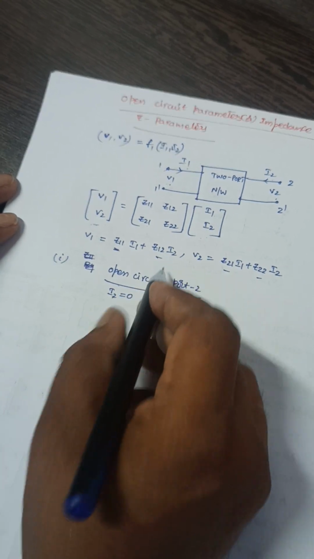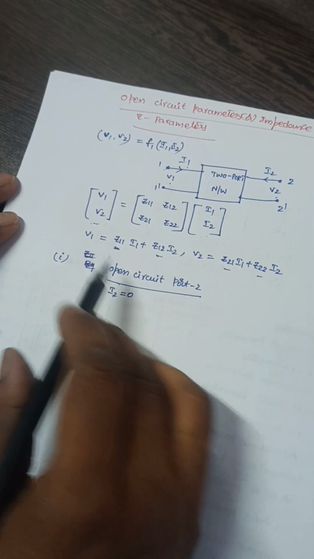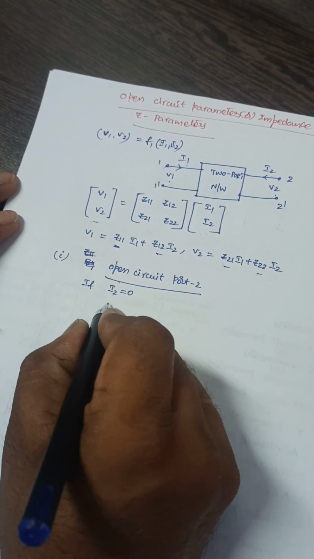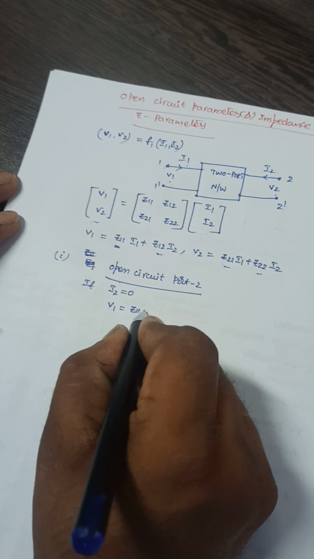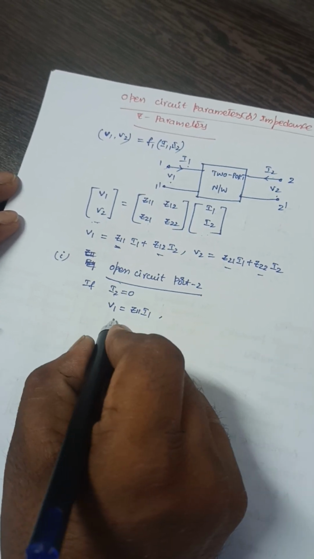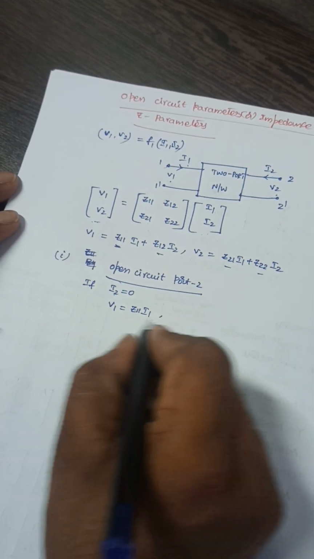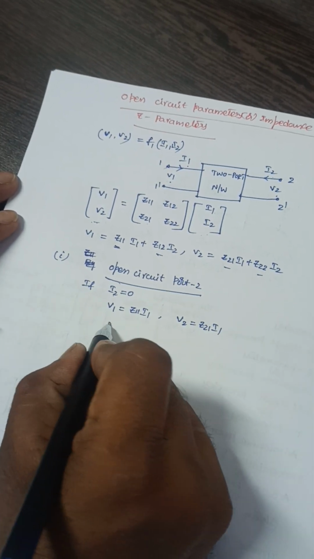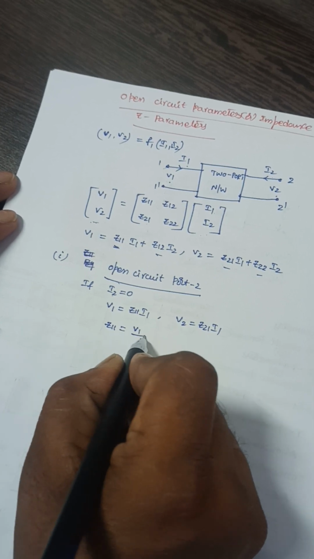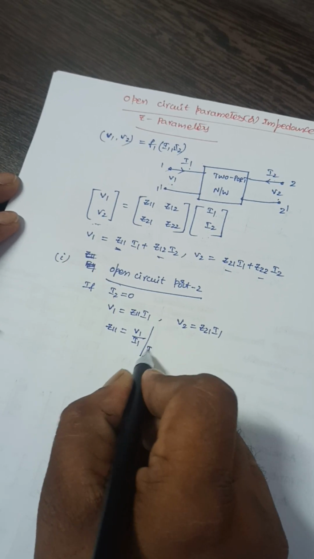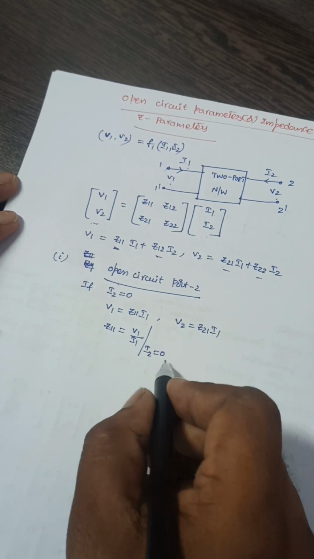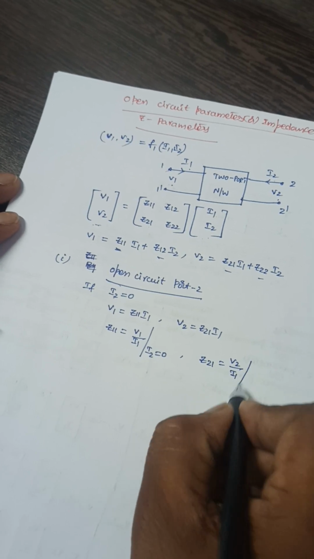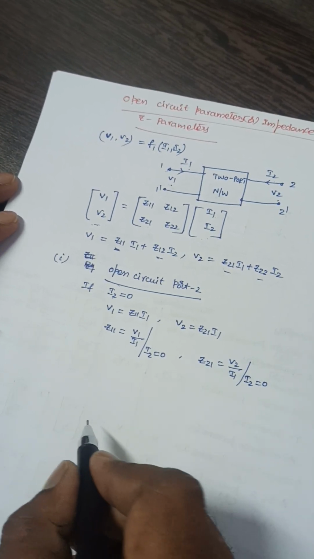If I make I2 equal to 0 in these equations, V1 is equal to Z11 I1. Next, V2 is equal to Z21 I1. So Z11 is equal to V1 by I1 with I2 equal to 0, and Z21 is equal to V2 by I1 with I2 equal to 0.